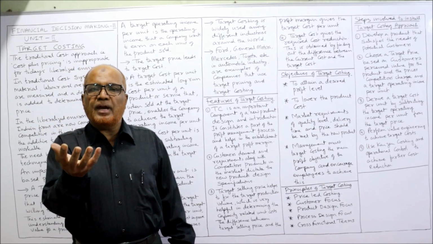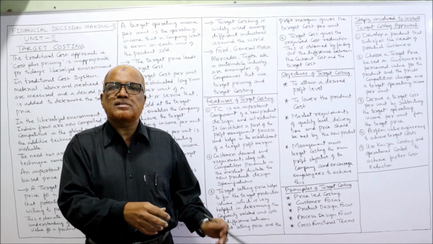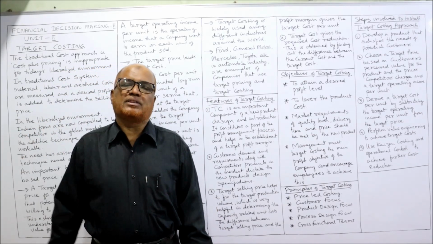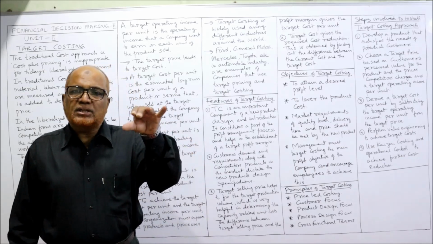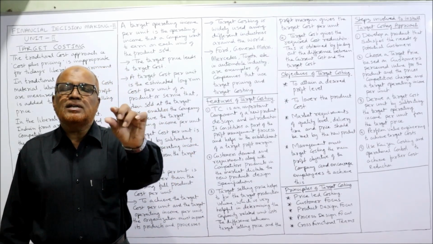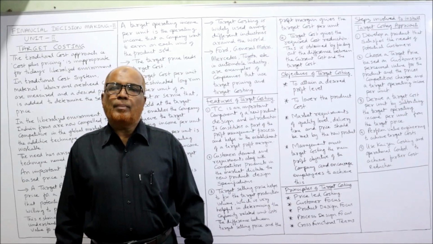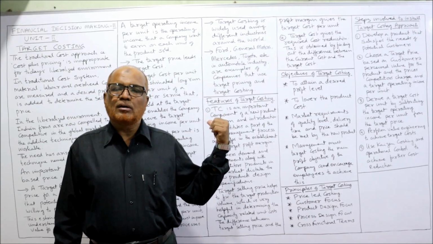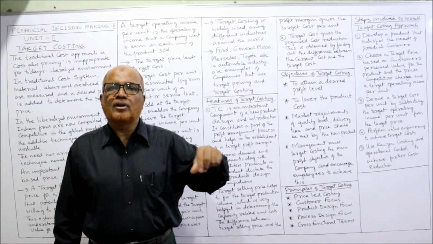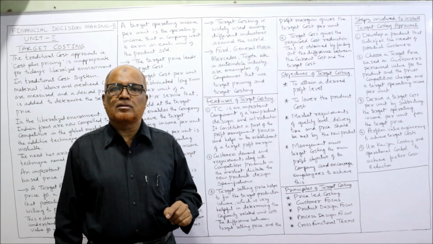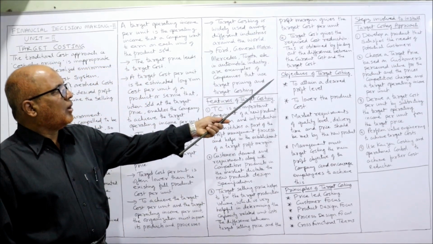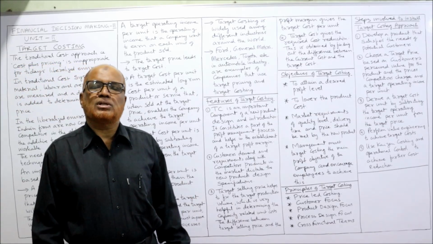The cost to make 1 unit is 100 rupees according to the traditional method. But according to target costing, the cost is 80 rupees. That means there is a cost reduction. By using this target costing, we can save 20 rupees per unit. That is a feature.